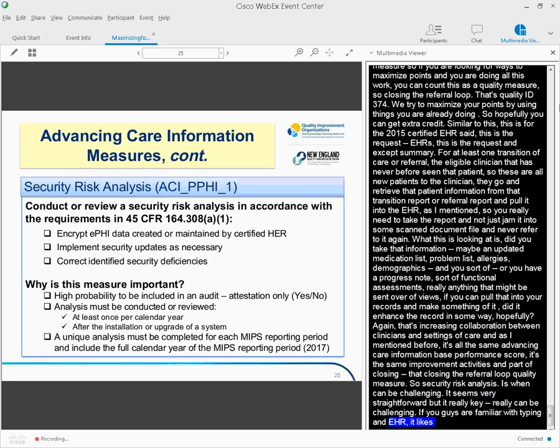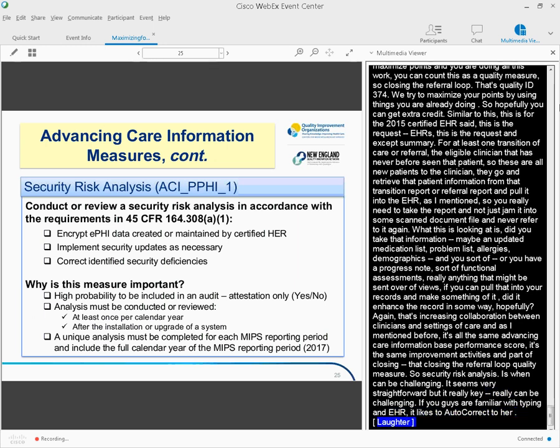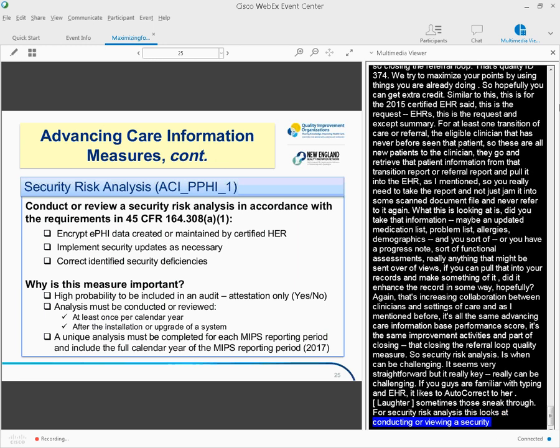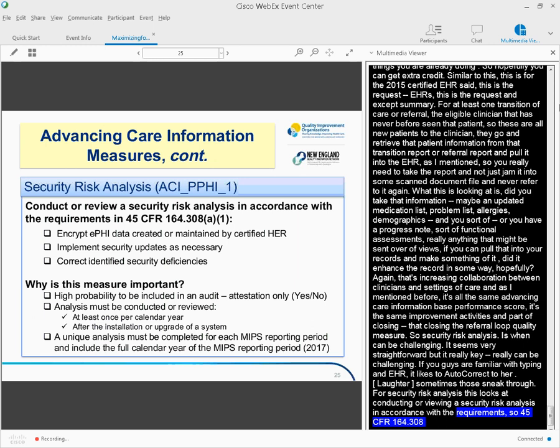So, for the security risk analysis, this looks at conducting or reviewing a security risk analysis in accordance with the requirements of 45 CFR 164.308(a)(1). As you know, with governmental documentation, they all refer back to different elements within the rules and government structures.